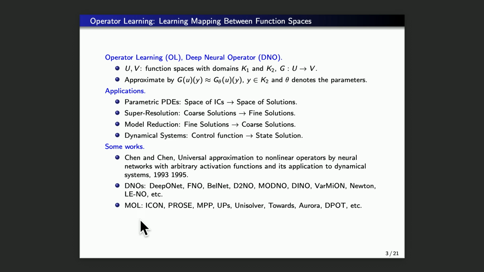The last row is some work about multi-operator learning. I think Professor Hayden Scheffer mentioned this a little on Monday, and I will also elaborate on this topic. For multi-operator learning, one of the focuses is generalization and also adaptation. The icon here is from Professor Stan Osher's group, and the pros is our work. Okay, so this is some brief history.